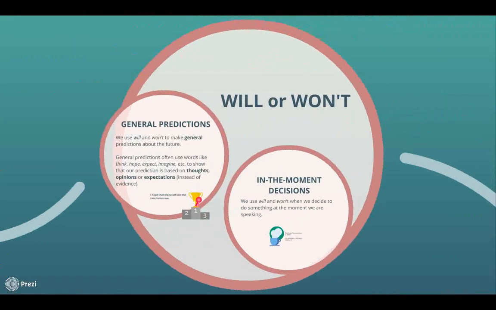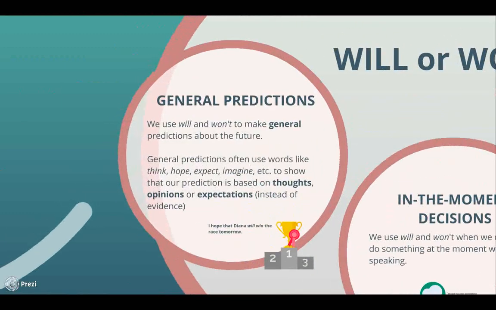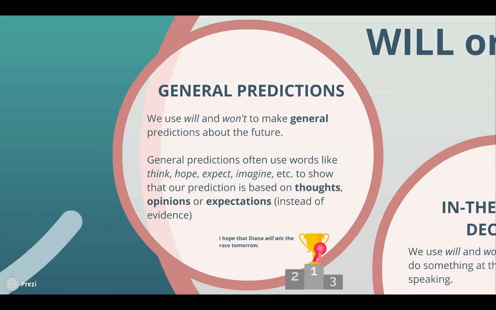The next two kinds of future forms are when we use will or won't. So, we also can use will or won't for a prediction, but this is a general prediction, not a prediction I have evidence for, like the rain, but just a general prediction or something that I want to happen in the future.